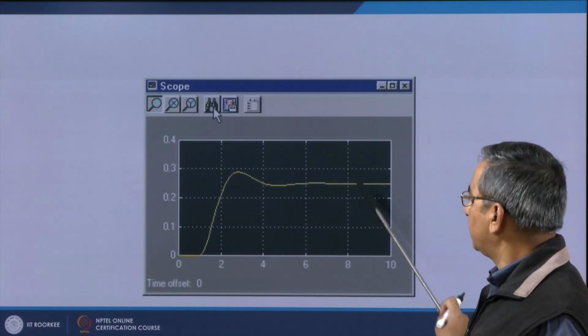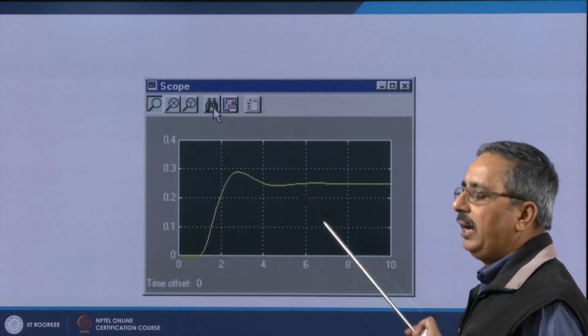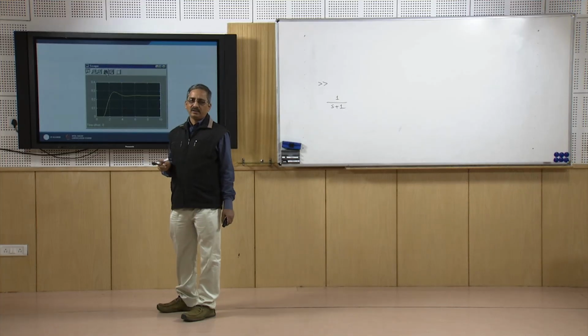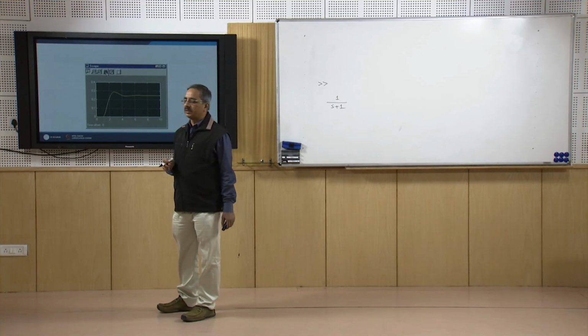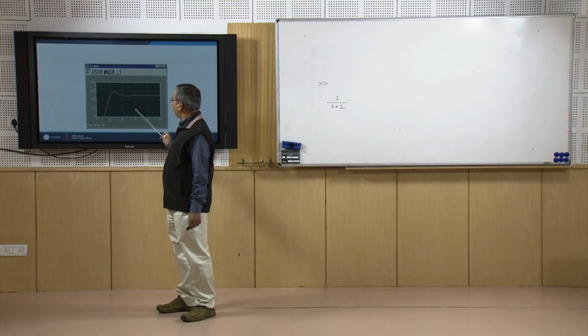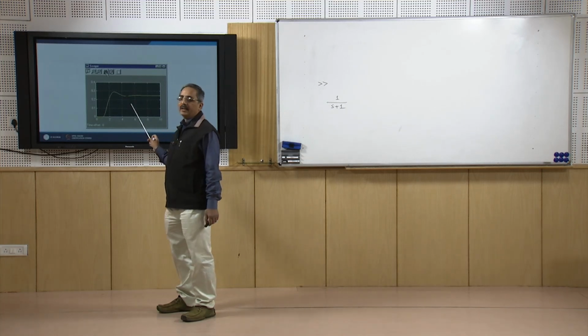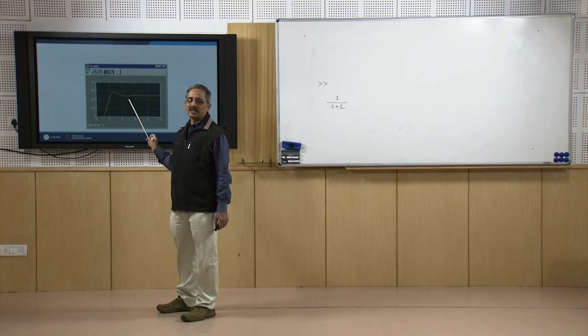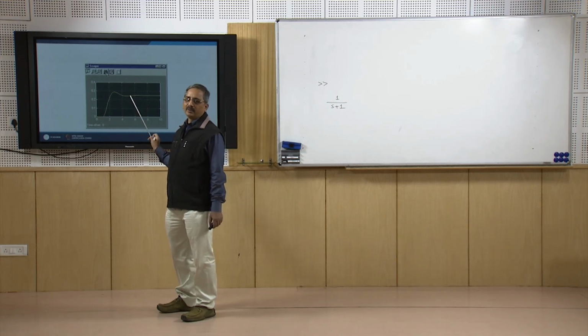This is a simple example I have taken, and during this course I have been discussing many types of Simulink models with you. This is the basic procedure which will be applicable for any type of Simulink model.